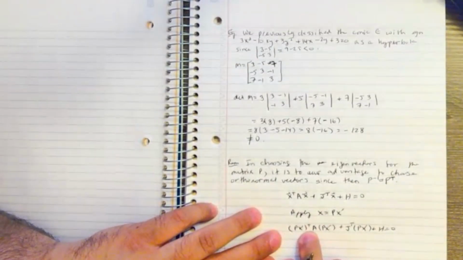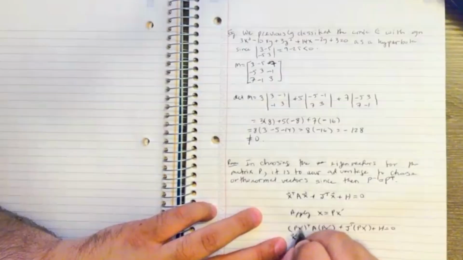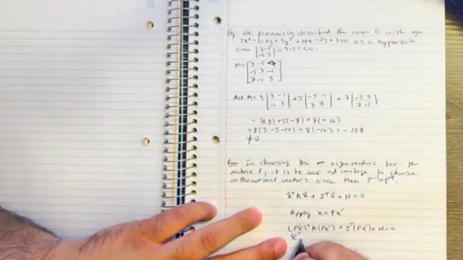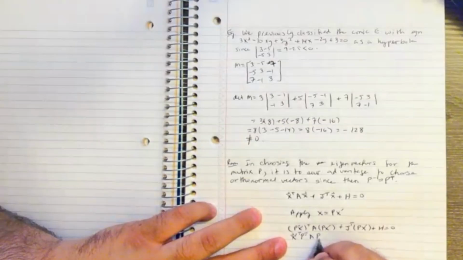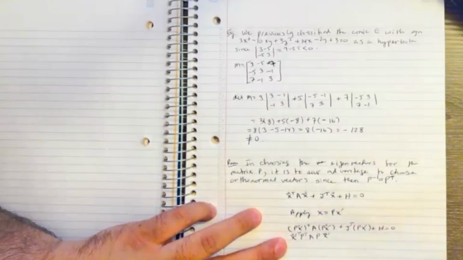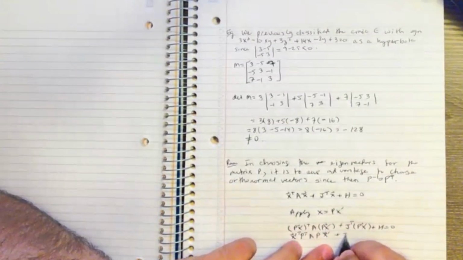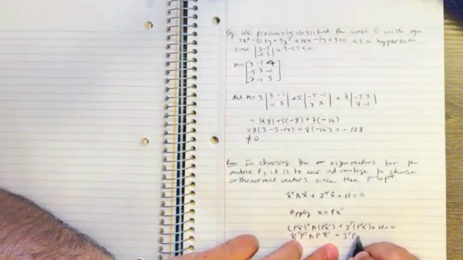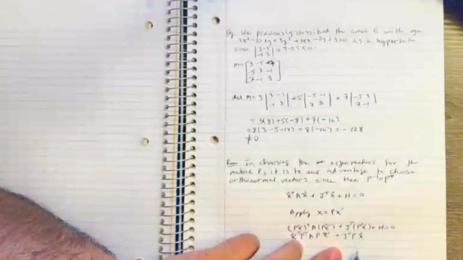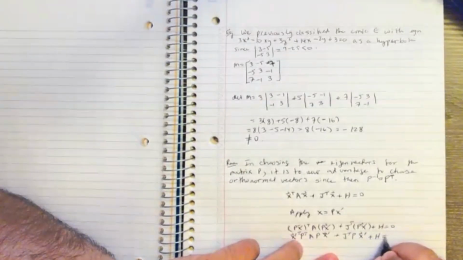Now the transpose of a product is the product of the transposes in reverse order. So we have x prime transpose times P transpose times A times P times x prime, plus j transpose times P times x prime plus h is equal to 0.